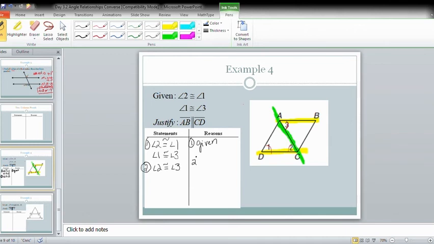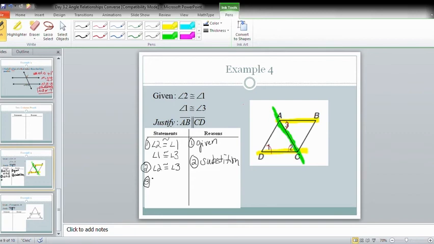And we can either say transitive property, because that's what that means, or an easier way of saying it is substitution, right? I'm going to put in angle 2 where I see angle 1. So this is because of substitution, right? I've substituted in angle 2 for angle 1. So substitution is the reason here.